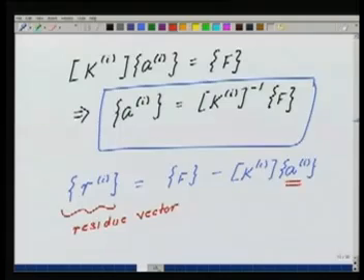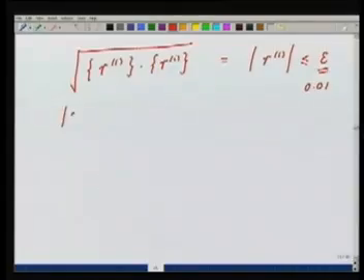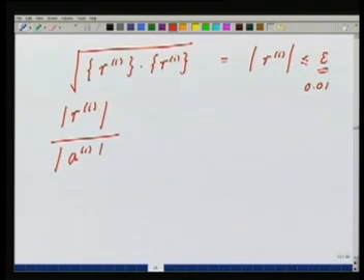I could also use the normalized length, because if the displacement vector is small, as for the given problem, then obviously I expect the residue vector to be also small. Now for that small thing, I will get convergence very quickly, but in that small displacement vector my errors could be large. So I could use the residue vector divided by the length of the vector A_i, is less than or equal to the tolerance.